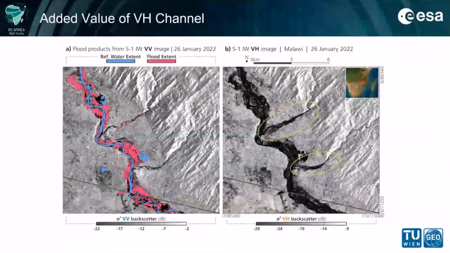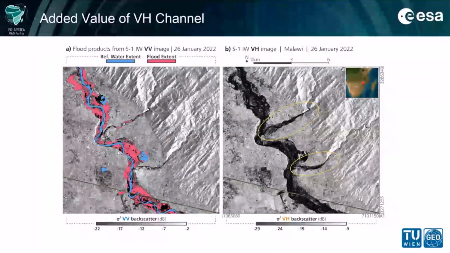Another limitation of the GFM service is that at present, we only use one polarization from the Sentinel-1 satellites. Sentinel-1 acquires data in both VV and VH polarization, and just for computational effort reasons, we only use the VV polarization. However, that has the disadvantage that some flooding events may be missed that are nicely depicted in the VH channel.